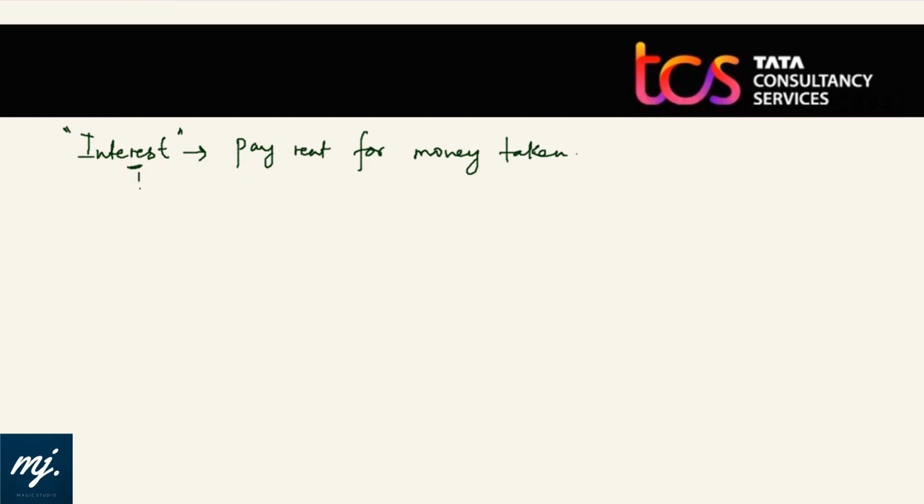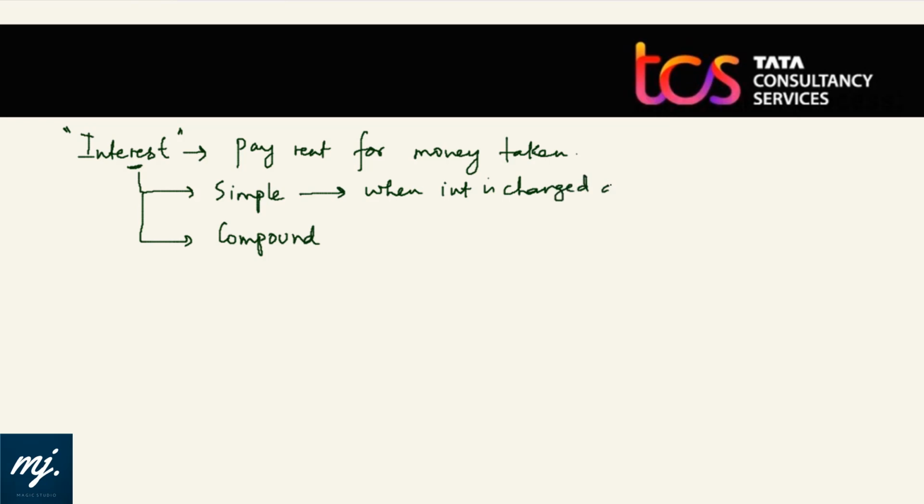Now, interest is charged in two ways. It can be simple interest or it can be compound interest. We call it simple interest when interest is charged on principal.